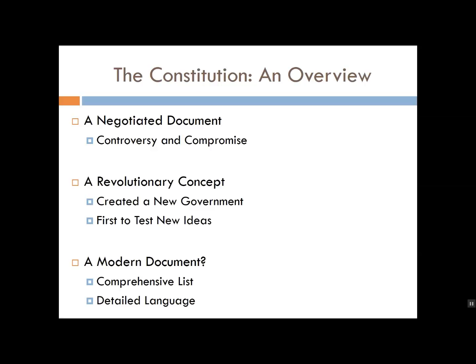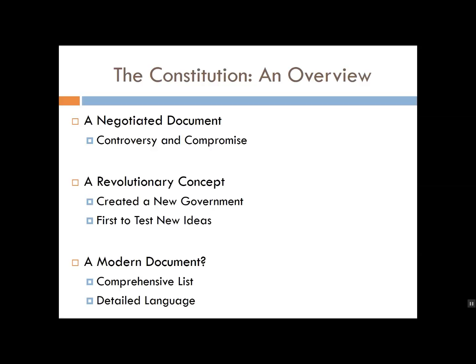Again, as I've already told you, it's the oldest written Constitution of any country in the world today. And in many respects, it does show its age. Our Constitution is somewhat dated in the sense that it lacks the comprehensiveness and the detailed language of more modern documents.